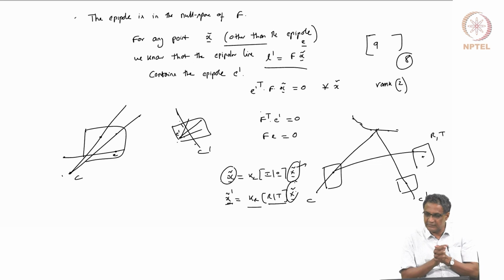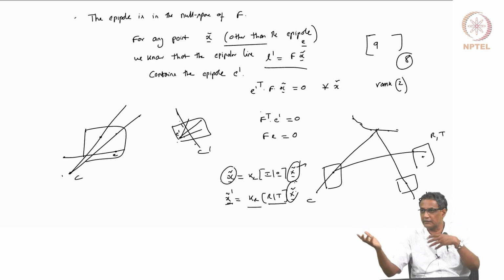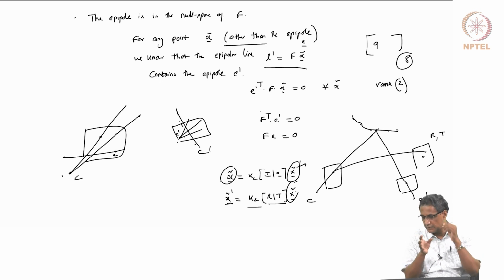But I just wanted to mention that once you have 3D, it gives you so much power. That's the reason people do all kinds of rendering. They show that the object will look like this from here, like that from there. All that is possible because of this. All that you need is the pose of the camera.